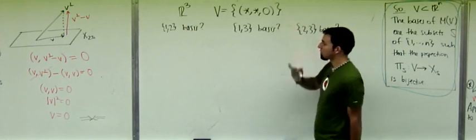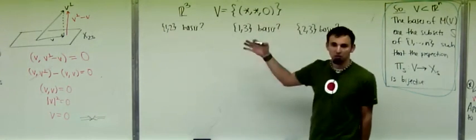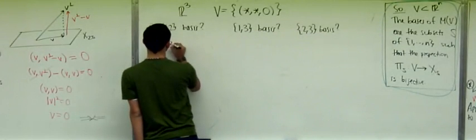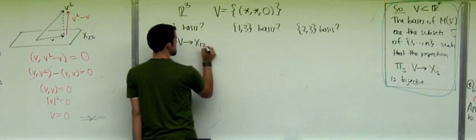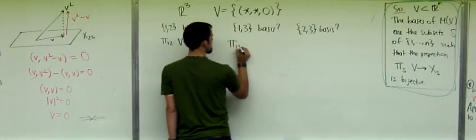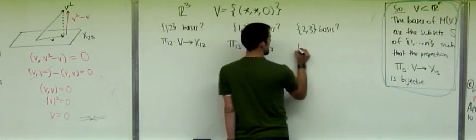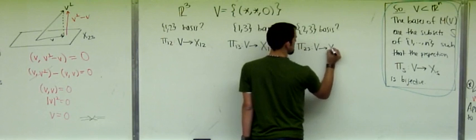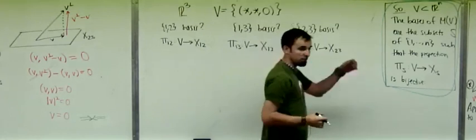Well, given this description, what I have to figure out is how this vector space projects on the projection maps pi 1, 2, pi 1, 3, and pi 2, 3. And I have to figure out if those projections are bijective or not.